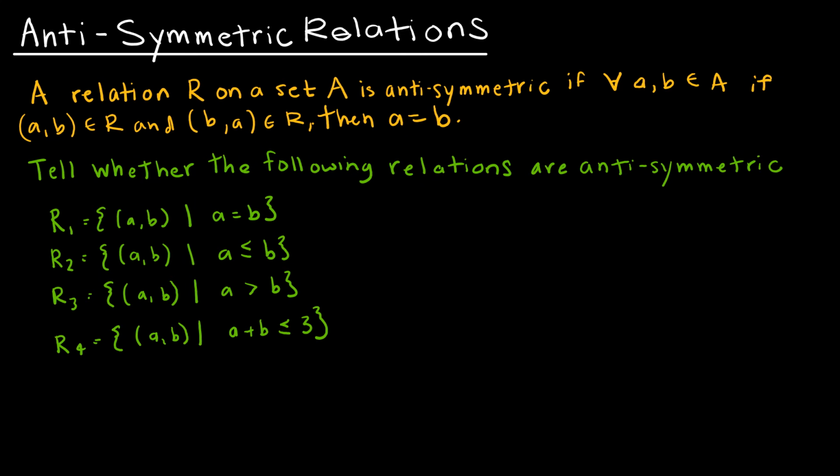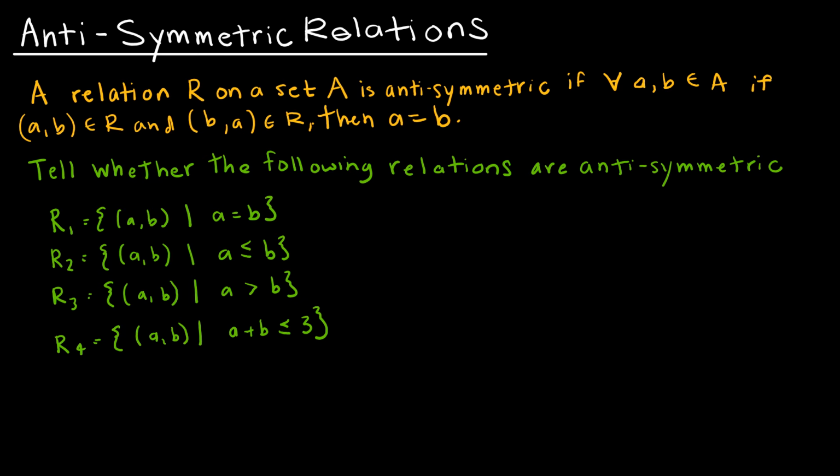Anti-symmetric is not the same as saying something is not symmetric, which seems a little silly, but anti-symmetric essentially says this. It says if a and b are both elements of A, and (a, b) and (b, a) are elements in the relation, that implies that a is equal to b.